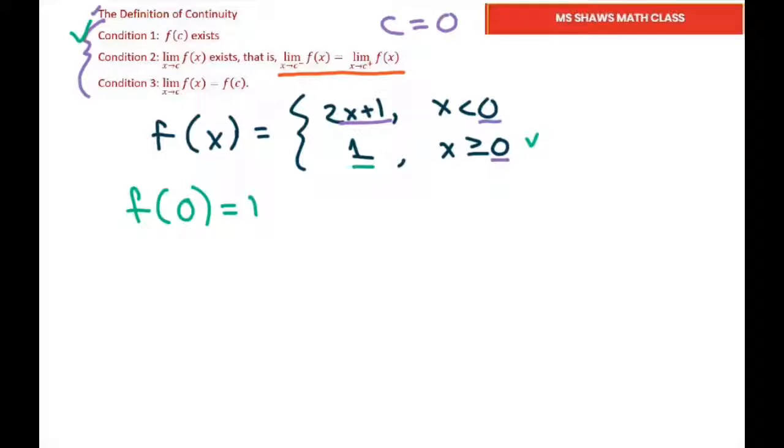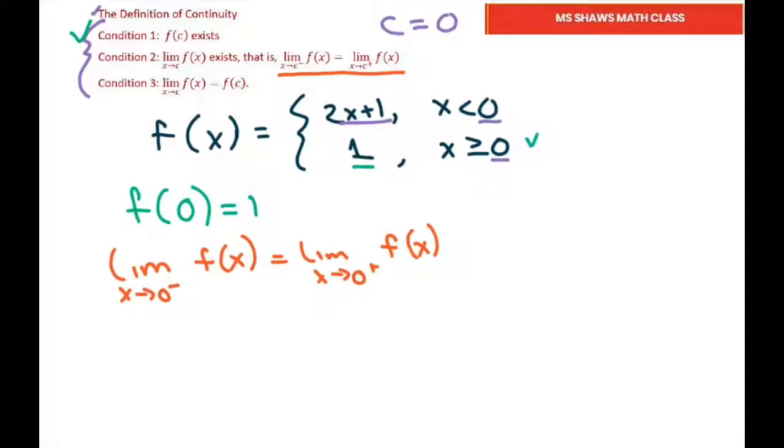So now we have to test the limit to see if it exists. And we're going to look at the left hand and right hand side limits. So we're going to look at the limit as x approaches 0 from the left of our graph, and the limit as x approaches 0 from the right of our graph. What's going on? Is it continuous, or do we have any jumps? So basically, here's your 0.